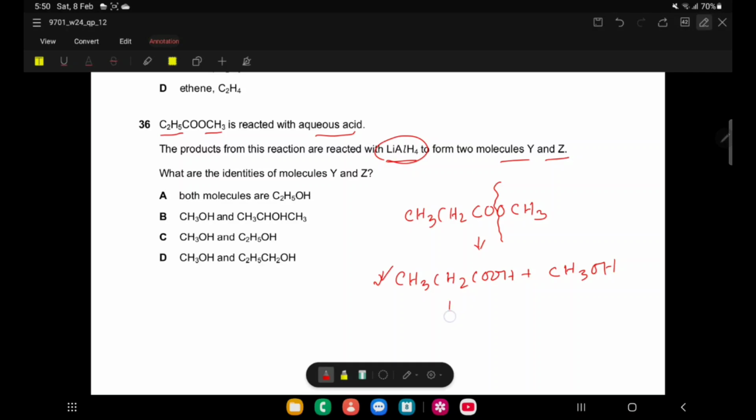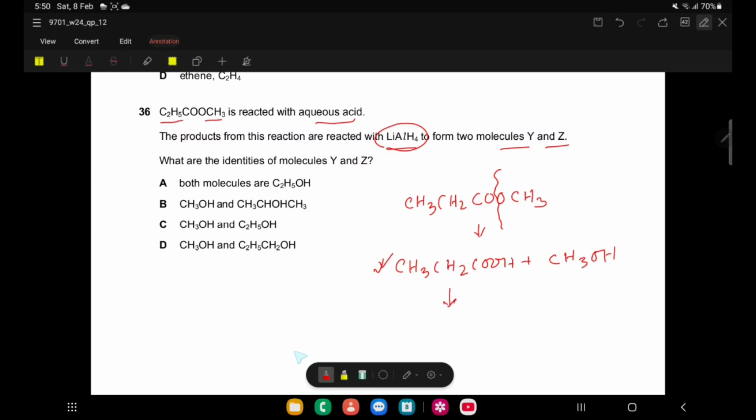If you remember, when a primary alcohol is oxidized, you get an aldehyde, and further oxidation will give a carboxylic acid. So the opposite will take place over here. This carboxylic acid will first reduce to an aldehyde, and then it will reduce to an alcohol.